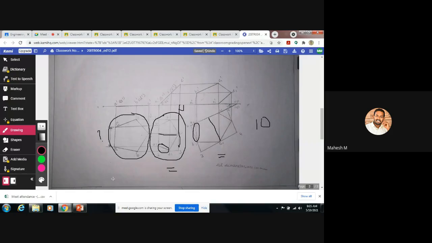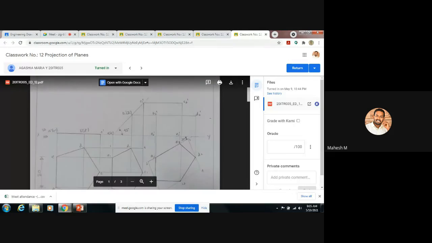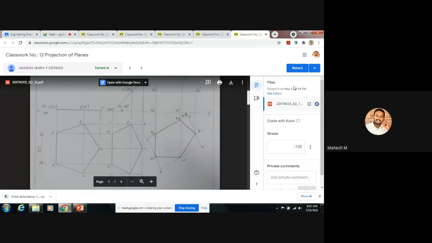The procedure that he has followed is totally right. But the presentation and the size followed in this diagram are a little bit wrong. So I will provide only 10 marks for this. This is the mistake for this person, and this one is the second one.